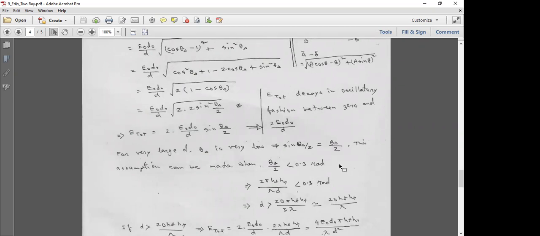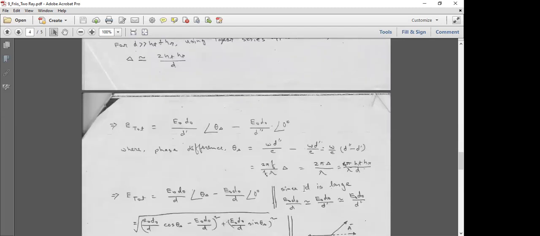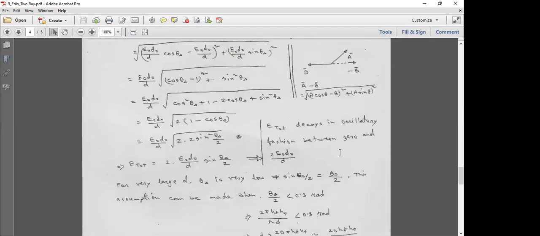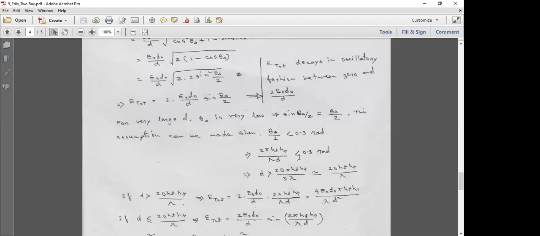We can use this assumption if theta delta by 2 is less than 0.3 radian. For theta delta, we have this expression, so in terms of those values we have a limit for our approximation. In other words, D has to be larger than this value, which is roughly equal to 20 ST HR by lambda.